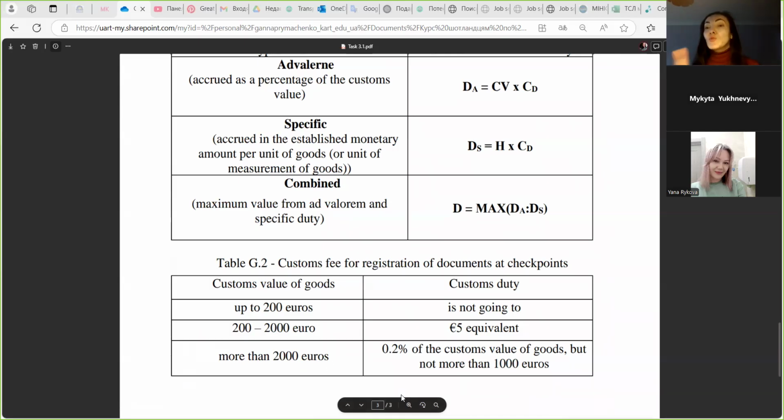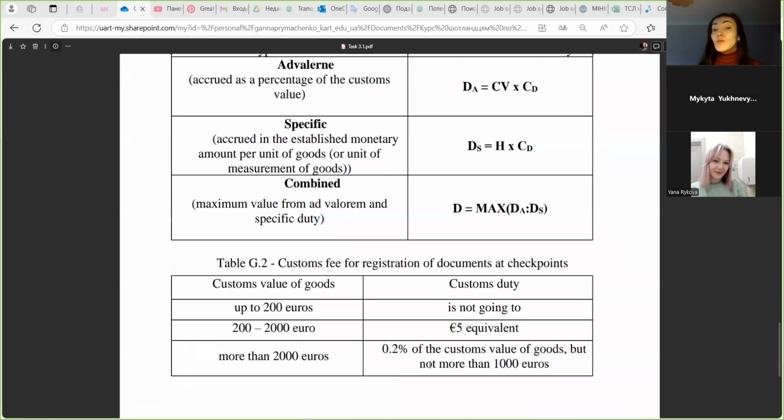So you need to multiply your sum in euros, which you found, by 0.2%, and check whether it will be more than 1,000.